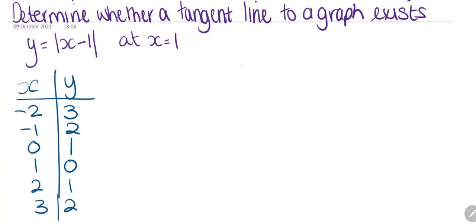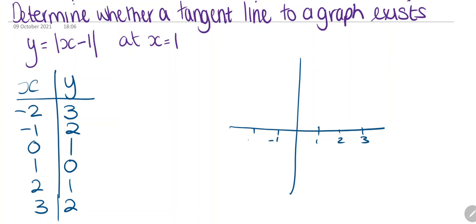And now if we sketch the graph, so let's do 1, 2, 3, -1, -2, -3, and we'll have 2 and 3.